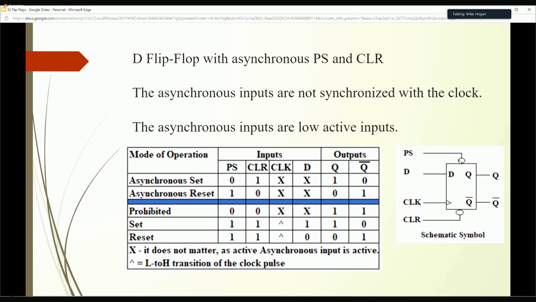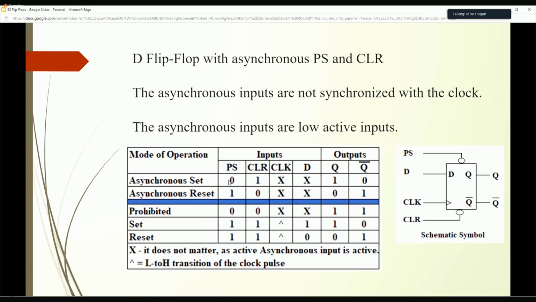Here, since I've got this state indicator, this circle, that means that this is active low. Same thing is true with the clear. It's active low. So I'm looking for a 0 on preset or a 0 on clear, and that will automatically either set my Q to 1 for preset or set my Q to a 0 with clear.